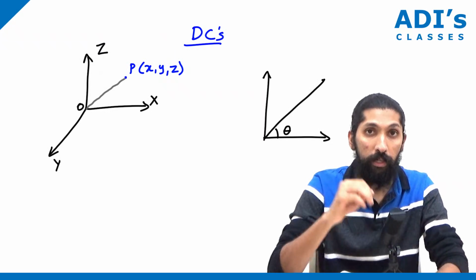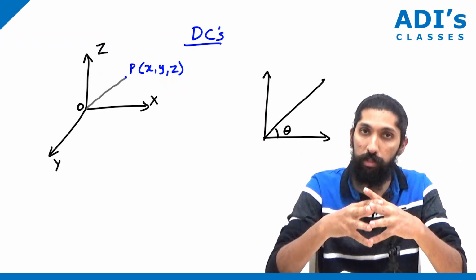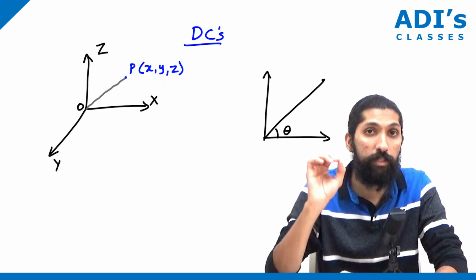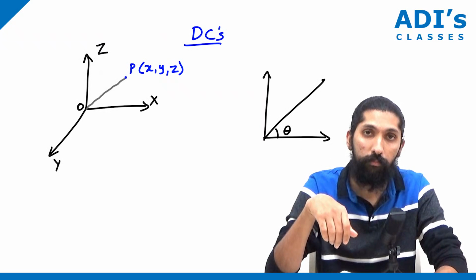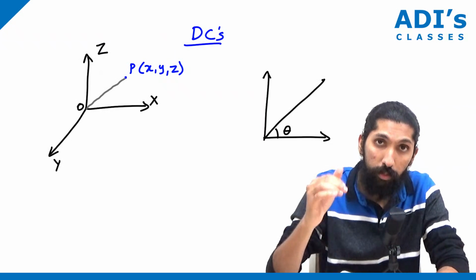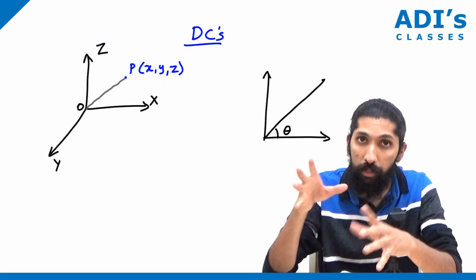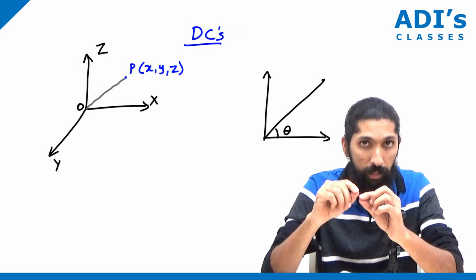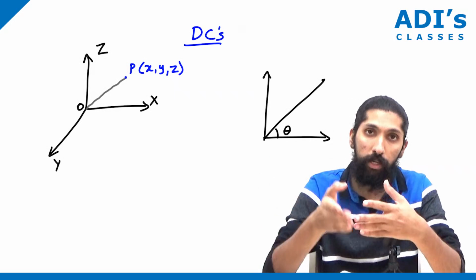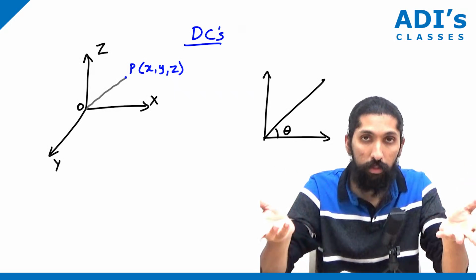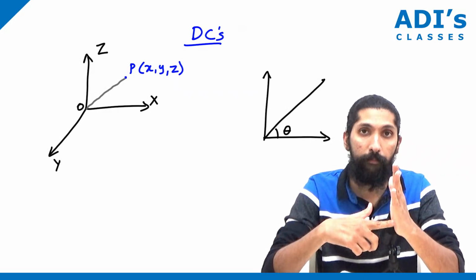Suppose in space I tell you a line is making an angle of 60 degrees with the x-axis. What is the angle with respect to the y-axis and z-axis? It won't be 30 and 30, not like in 2D. In 2D, if it is 60 with the x-axis, it will be 30 with the y-axis. It has no other option because the angle is 90.